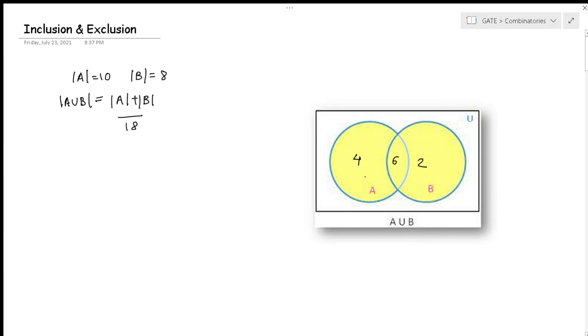Don't mix it with the 6 part, it's not crossing the boundary. So if you ask how many elements are in set A, these 4 are there along with these 6 in set A. That's why I am saying the cardinality of set A is 10.